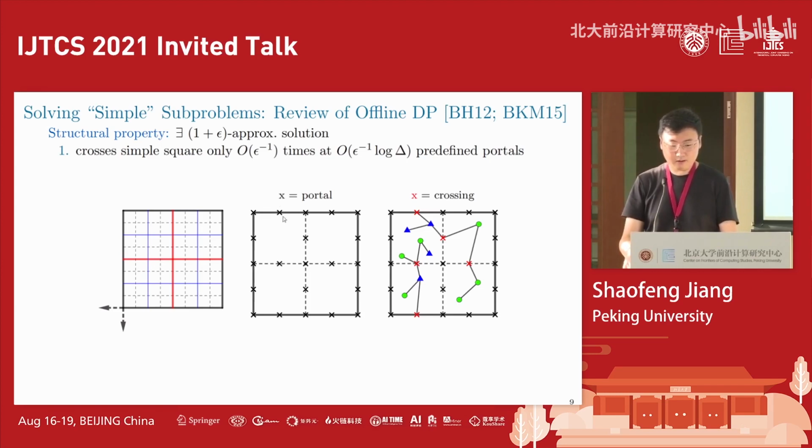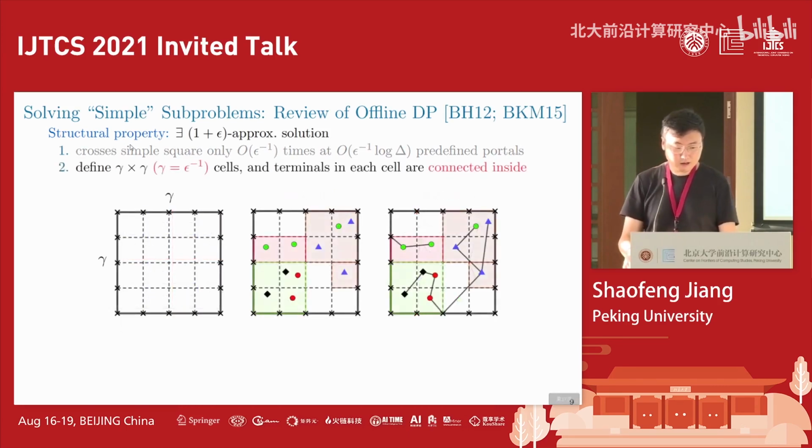So before we do anything, we define order 1 over epsilon times log delta number of potential portals for every quadtree square, and particularly this simple square. And then we will choose at most 1 over epsilon active portals to use, and we show that a 1 plus epsilon approximate solution only needs to use this number of portals.